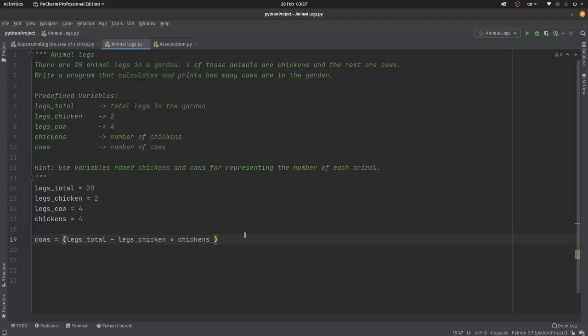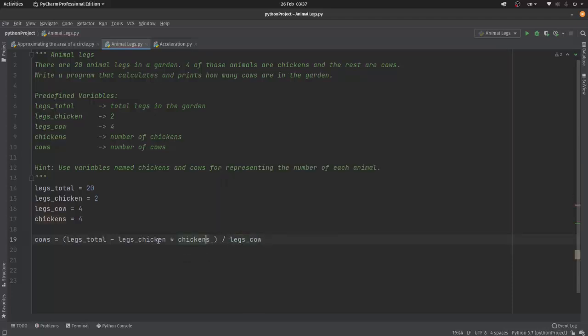So what we're going to do is divide the number of all the cow legs in the garden by the legs of each cow. So how is it going to look? Let's divide it by legs of cow.